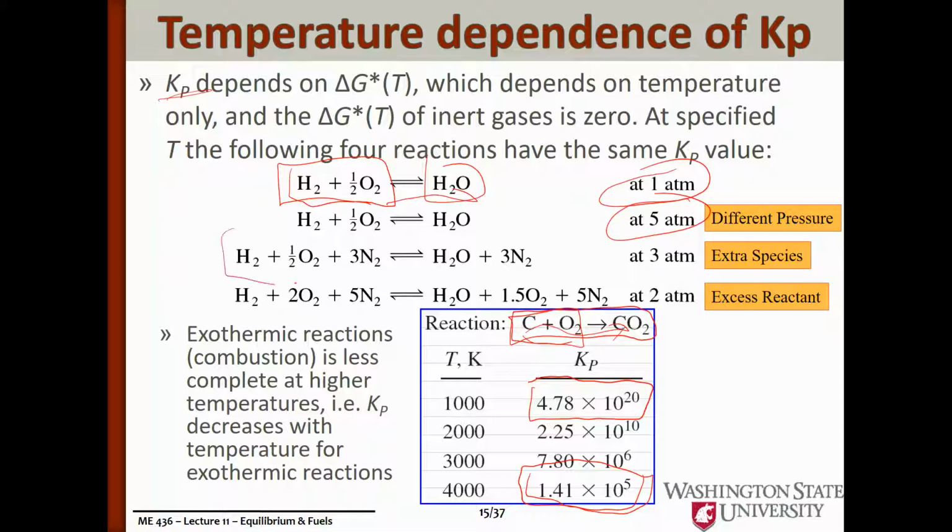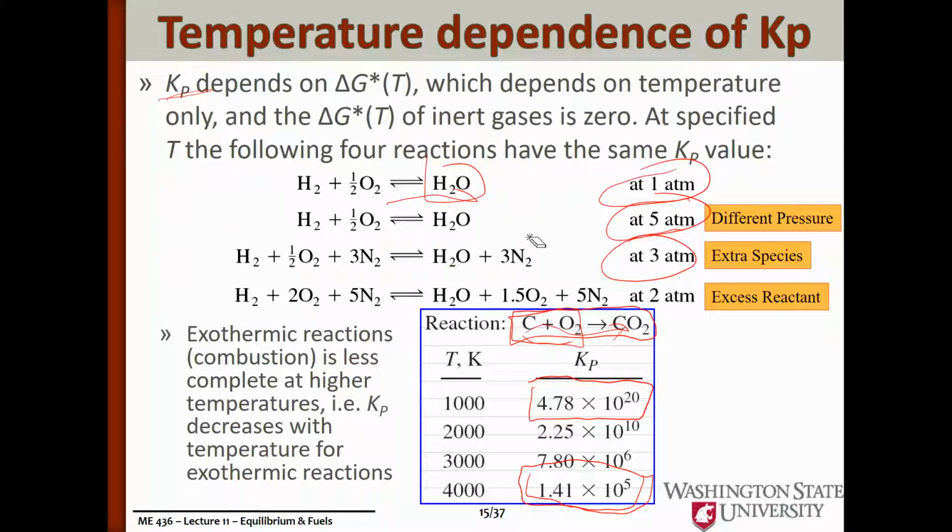Now if I have the same amount of hydrogen and oxygen and I add some inert nitrogen that doesn't participate, it just moves over to the product side without becoming part of the water, the equilibrium constant for the reaction of hydrogen and oxygen to water remains the same, even if there's extra species, even if the pressure changes.